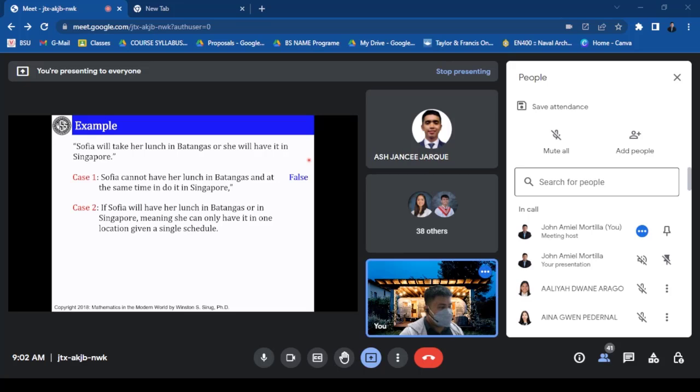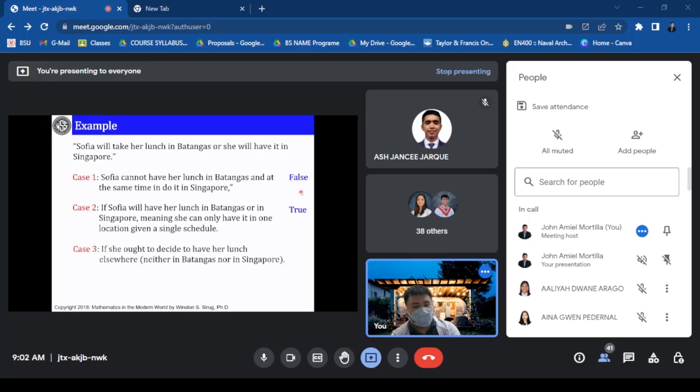Okay, why is it true? The statement is correct po. Okay, so for case 2, it is true. So case 3. How about case 3?